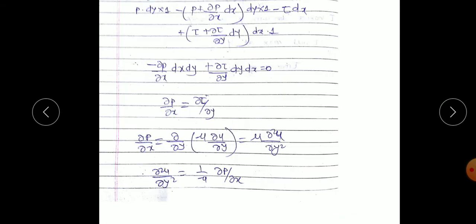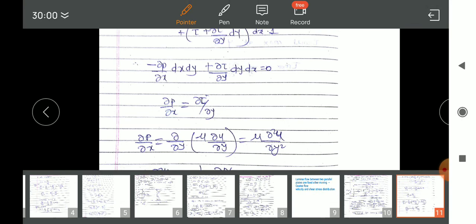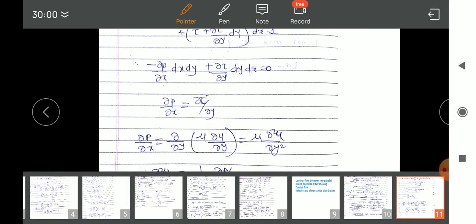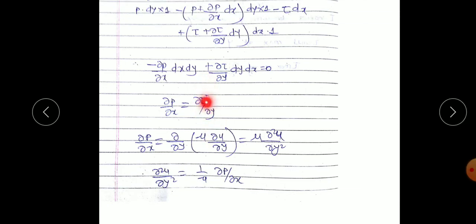Now again the net force will be 0 as the fluid has no acceleration, so p dy minus p dy. We get the same expression as before: dp by dx equals d tau by dy. Putting tau equals mu du by dy, we get mu d squared u by dy squared.